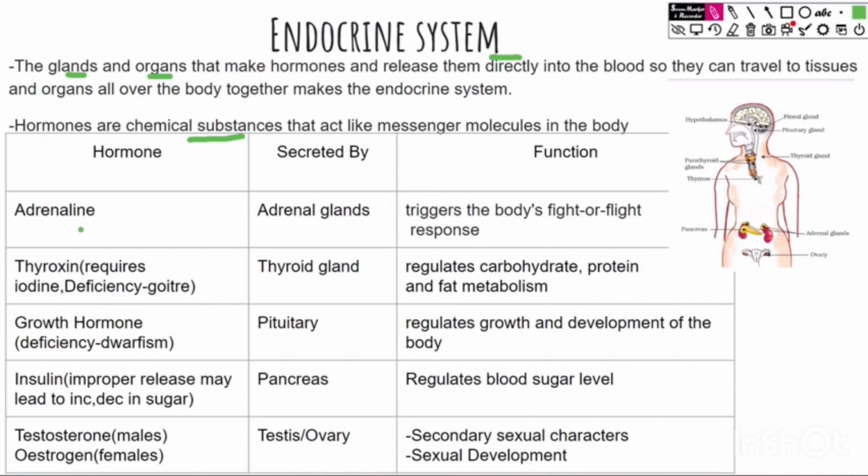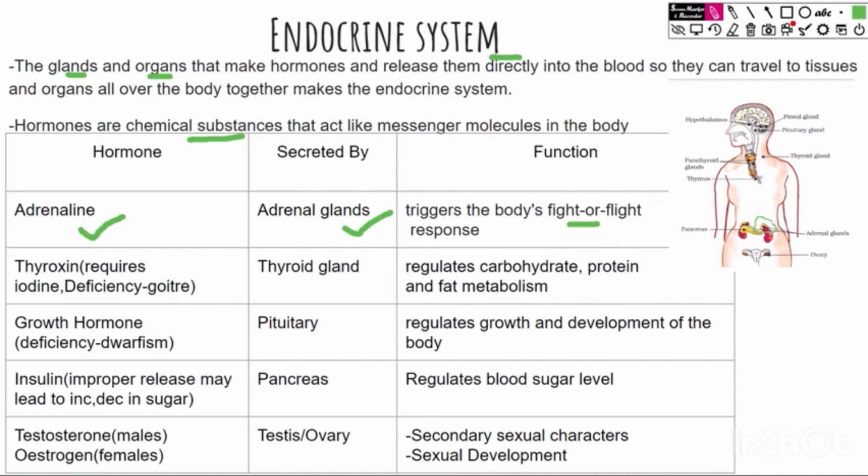We will start with adrenaline. Adrenaline is released by the adrenal glands which are present just above our kidneys. You can see here these small yellow patches over here are the adrenal glands. The adrenaline is like a flight or fight hormone which acts in emergency situations.